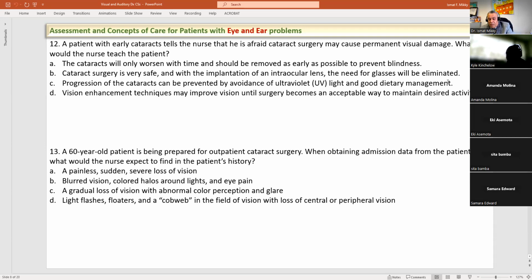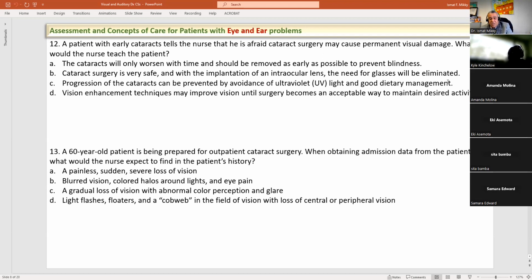First of all, although cataracts do become worse with time, surgical extraction is considered an elective procedure. So A is incorrect because of that. B, surgical extraction is generally safe, but infections can occur because it's a surgical procedure. The procedure itself is very simple and safe, but the post-op patient may develop infections.